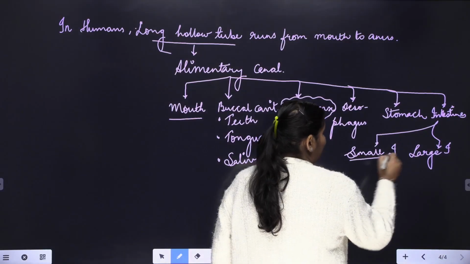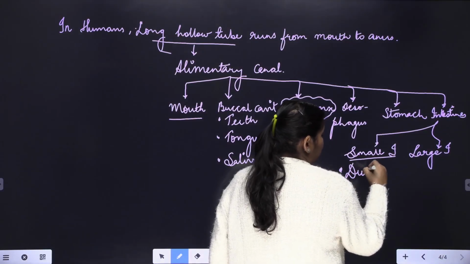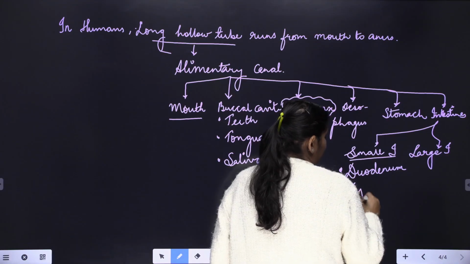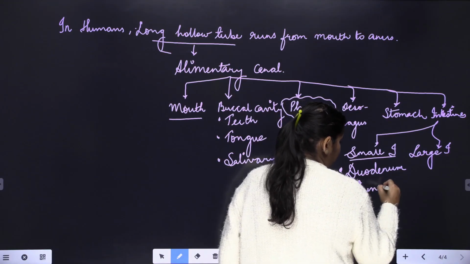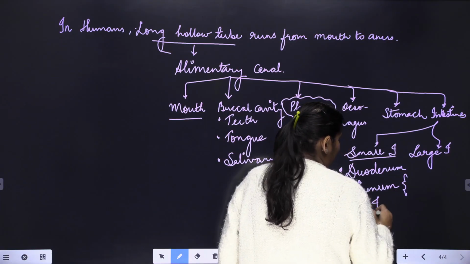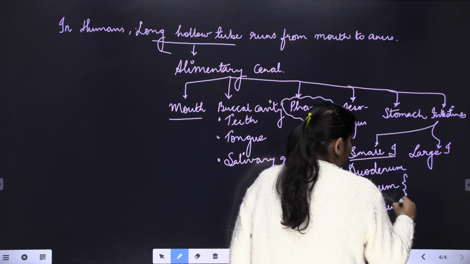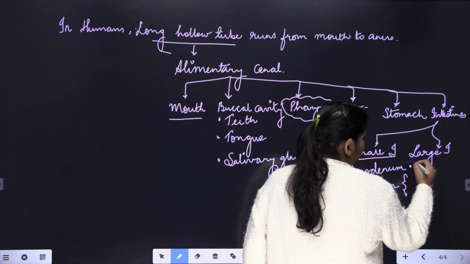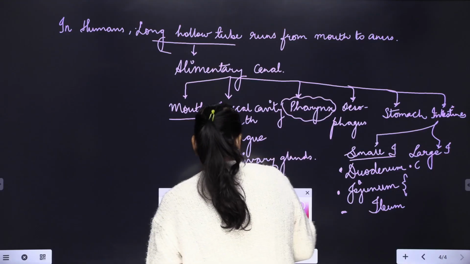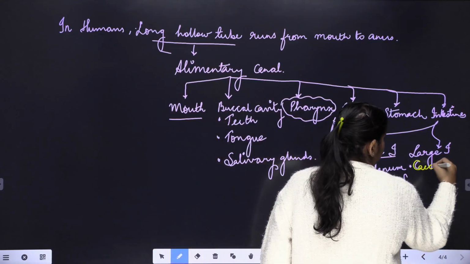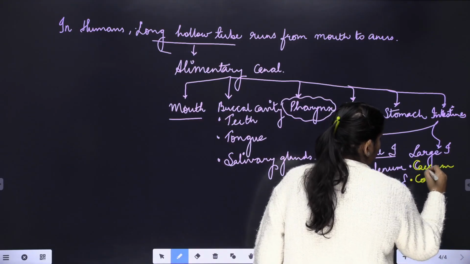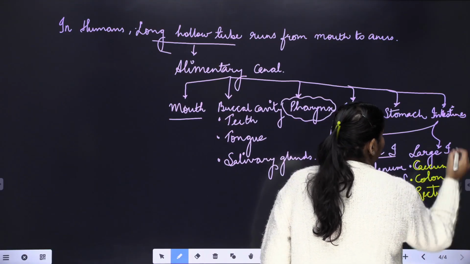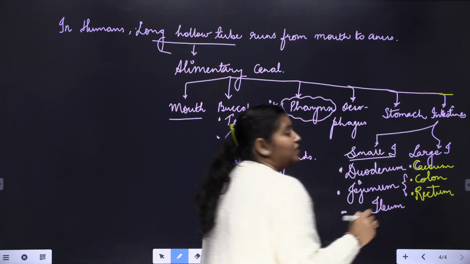So, small intestine has 3 parts. One is the duodenum. The second one is the jejunum. And the third one is the ileum. Similarly, large intestine has 3 parts, which is the cecum, colon, and the rectum. And finally, after the intestine is the anus.